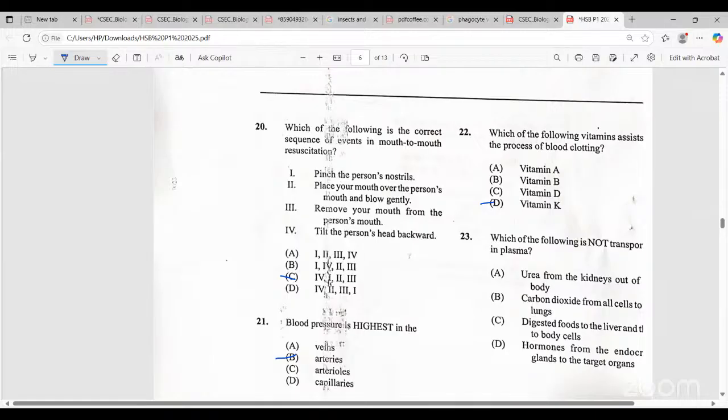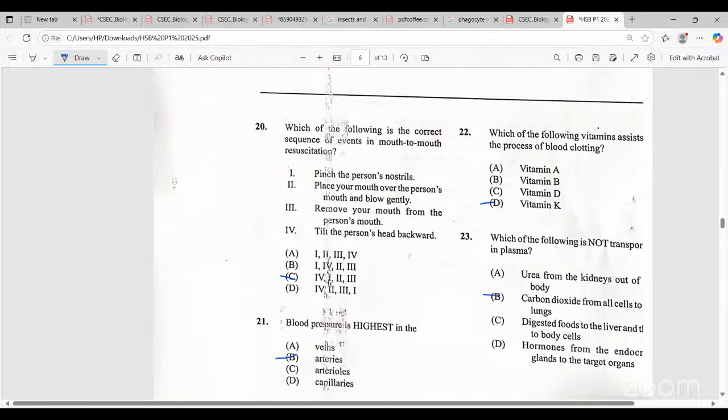And then it's turned into urine, right? So plasma is known to transport urea, digested food, and hormones.